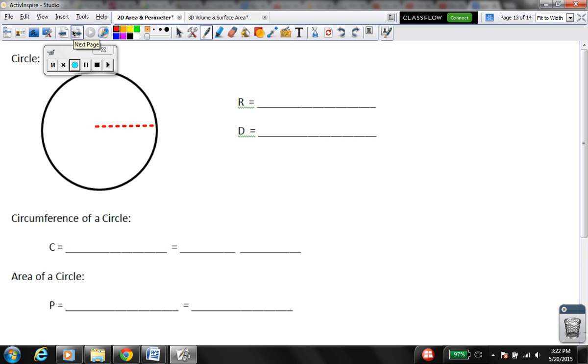Find the circle. In a circle, I have both a radius and a diameter. You can see here that I denoted a radius. However, the diameter is just twice the radius. So we can call that D, the diameter.